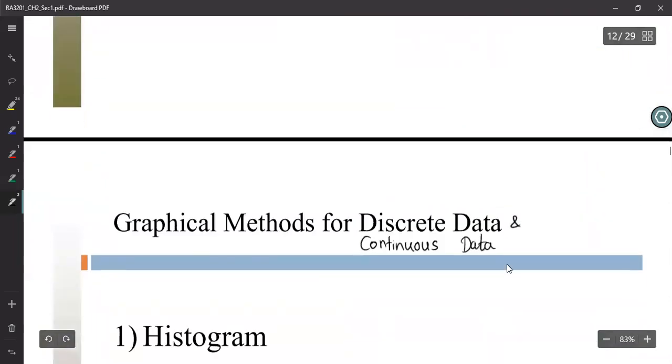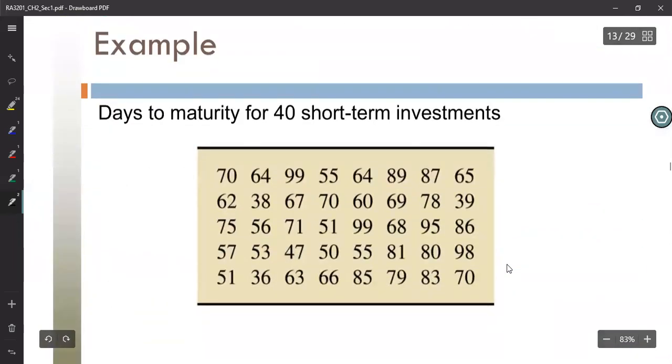But what will happen if you have your data like this? Now in this example, these are the days to maturity for 40 short-term investments, right? When you put a fixed deposit, they have a maturity, 30 days, 90 days, that is 3 months, 1 month, 1 year, likewise.